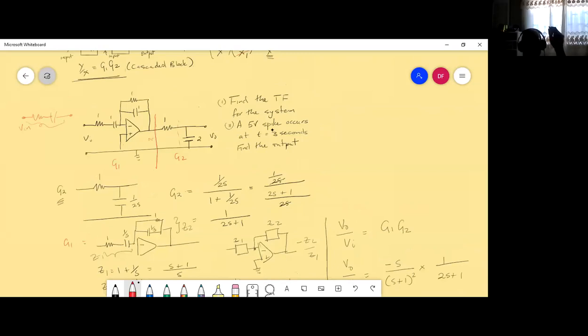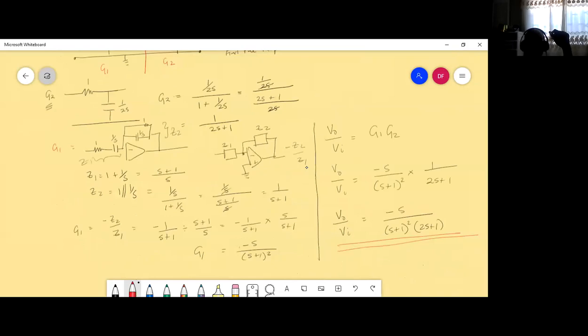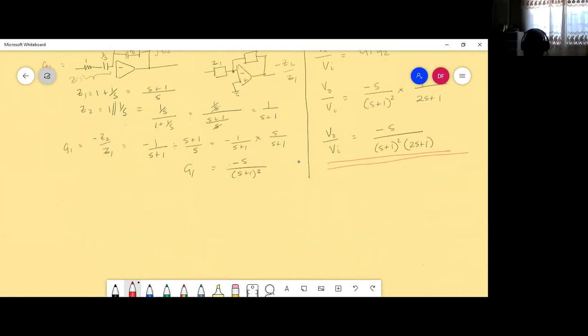All right, now it says a spike occurs at time t equal 3 seconds. So at a spike, you have your system, your input, and what it is saying is that at t equal 3 seconds, you have a 5 volt spike.